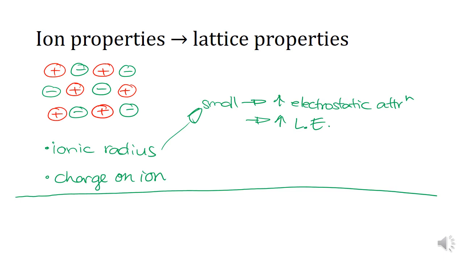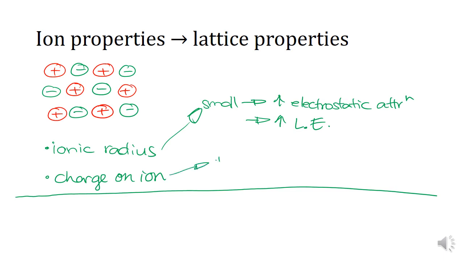However, if my ionic radius is larger, there's going to be a decrease in that electrostatic attraction, which means that we're going to see a decreased lattice enthalpy. So the charge on the ion.